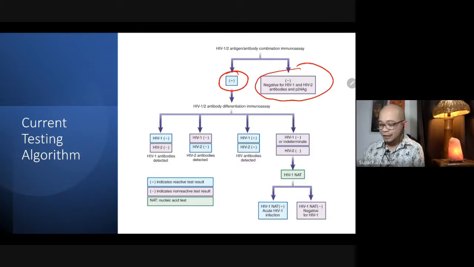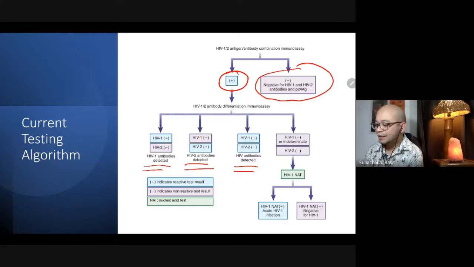If positive with HIV-1 and negative with HIV-2, meaning to say HIV-1 antibodies are detected. Positive for HIV-2 but negative for HIV-1, meaning to say HIV-2 antibodies are detected. But if positive for both, both antibodies are detected.